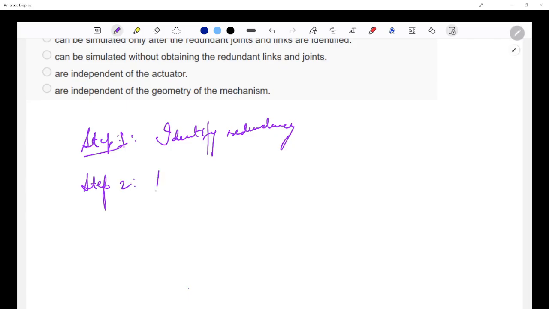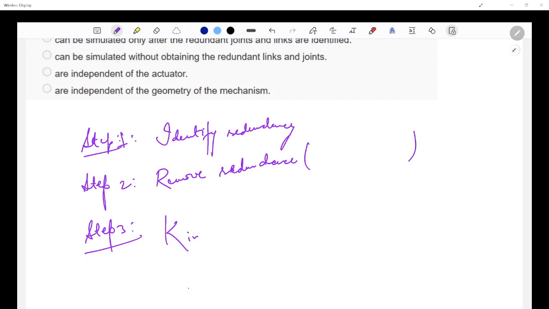In step 2, we remove redundancy, conceptually, because we only keep independent constraints. And in third, we perform kinematic analysis. Only after this does the system become consistent and solvable.